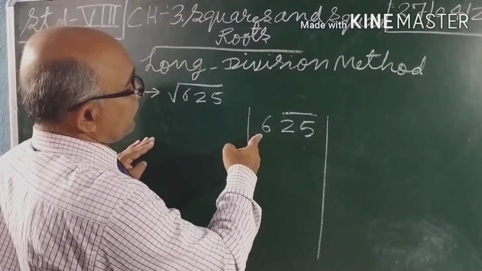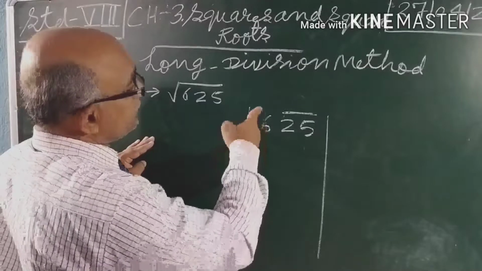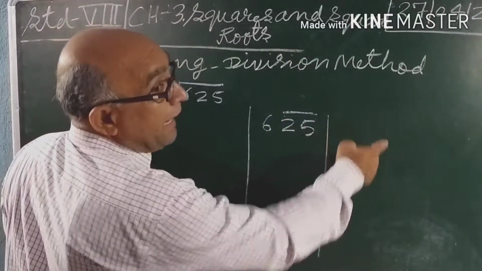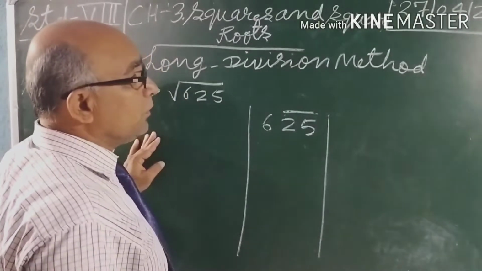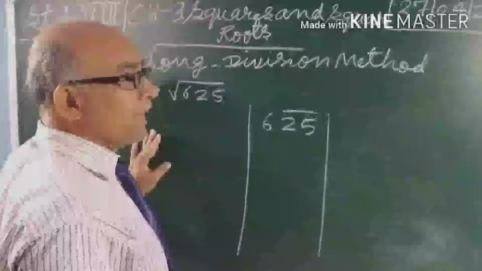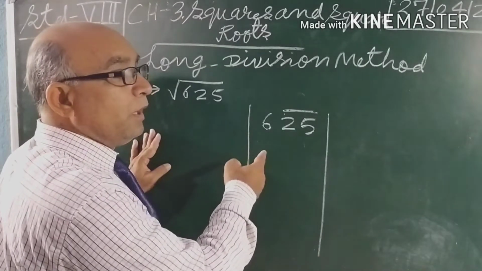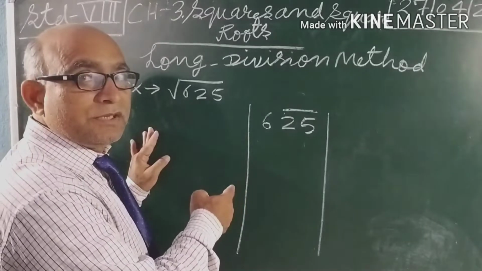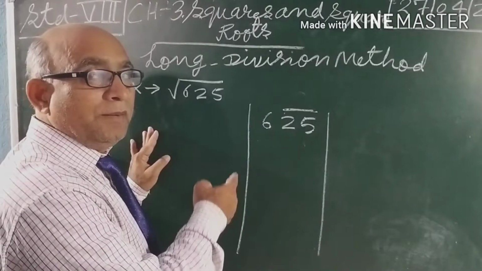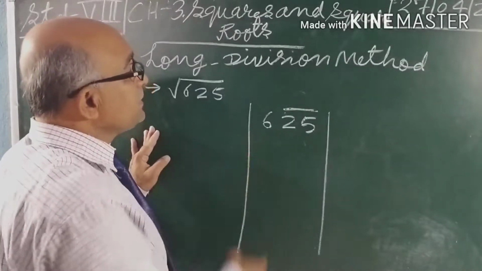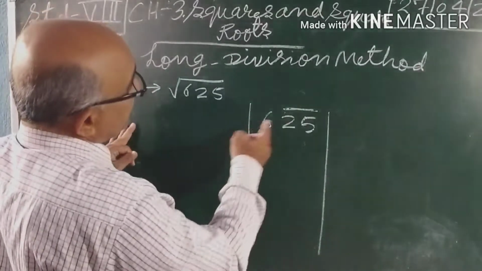Now, for the divisor, use the squaring table: 1 1 ja 1, 2 2 ja 4, 3 3 ja 9, 4 4 ja 16, 5 5 ja 25, 6 6 ja 36, 7 7 ja 49. In this way, the table is used for division.